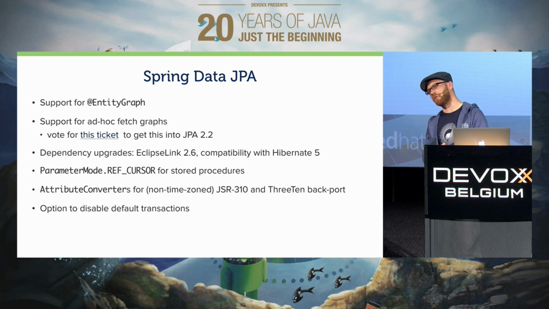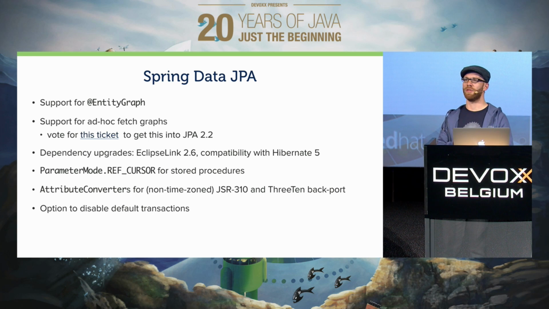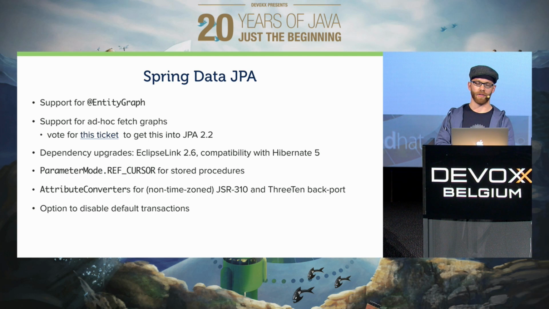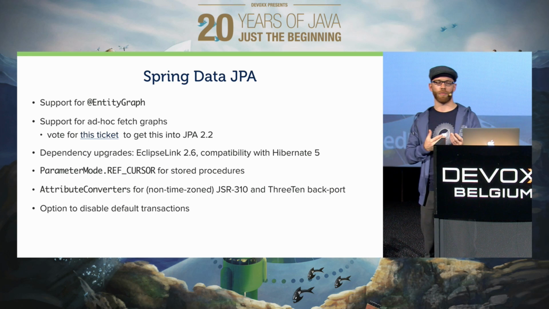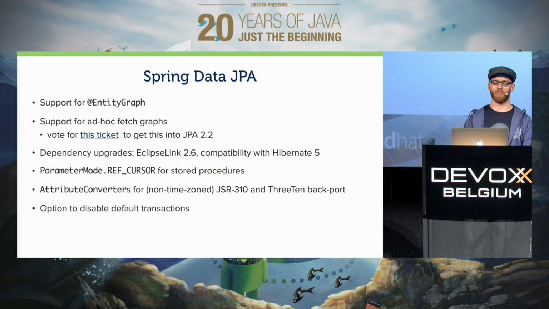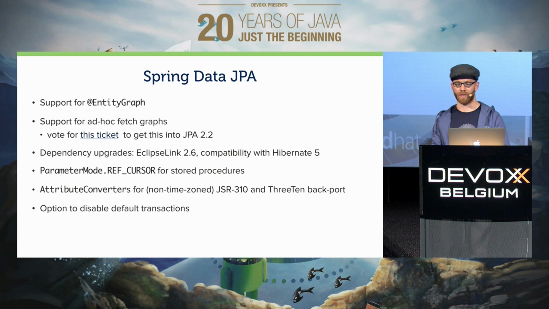It's a bit cumbersome to use. There's been some feedback to improve that. That's why I linked the ticket from the JPA 2.2 bug tracker. And we provide some workaround for that on the repository level, so that you basically just whitelist the properties you want to load, and get that loaded.